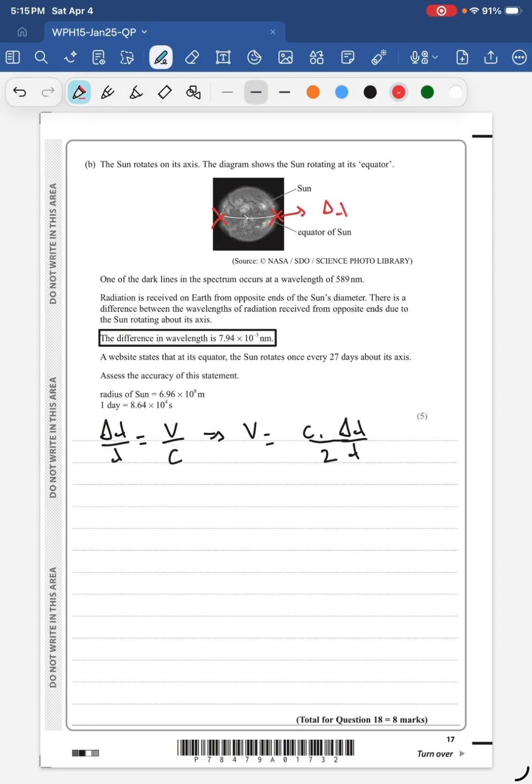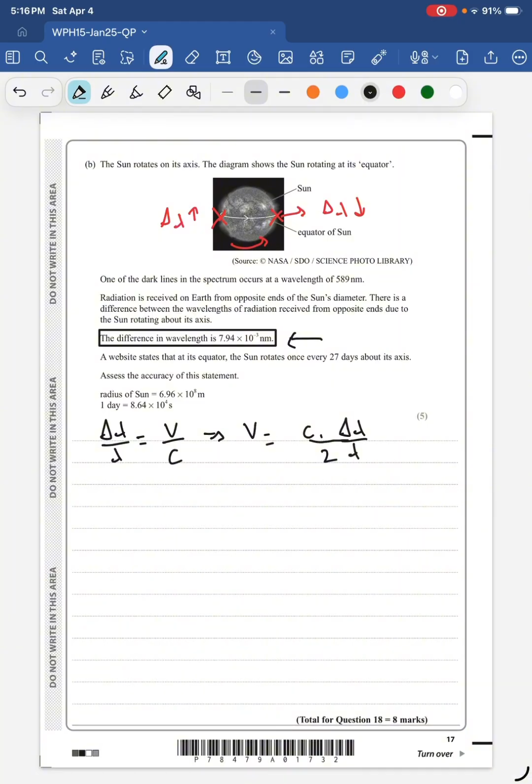So this end, the right end, because it rotates this way, is moving away from us, so it's red shifted, whereas this end is moving towards us, so it's blue shifted. So what I'm trying to say is that we need to take the average of that value. I hope that makes sense.